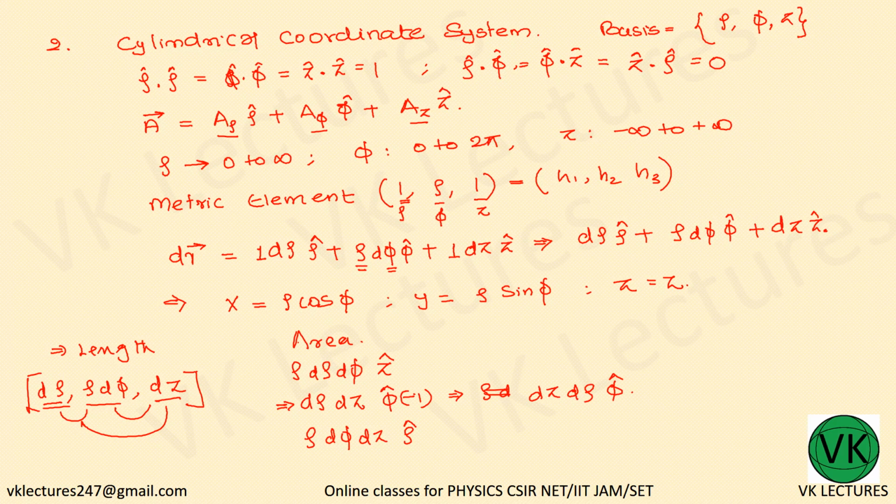Now the volume element dv is equal to just the product of all the length elements, that is rho d rho d phi dz, or you can also write it as d tau. So this is about the cylindrical coordinate system.